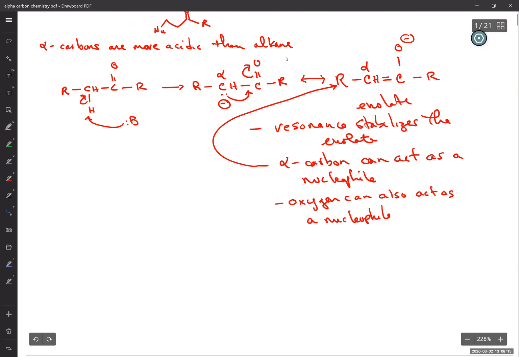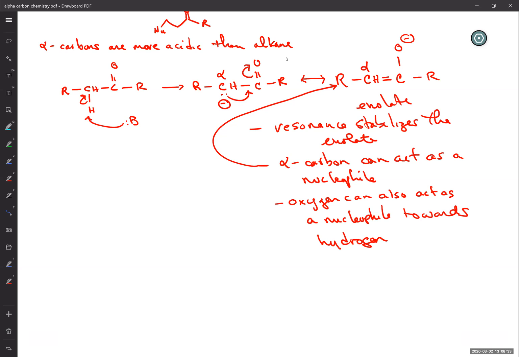But it's primarily nucleophilic with small ions like hydrogen, so hydrogens, maybe small metal ions, things like that. Anything bigger than hydrogen, it's typically the carbon that acts as the nucleophile, okay?